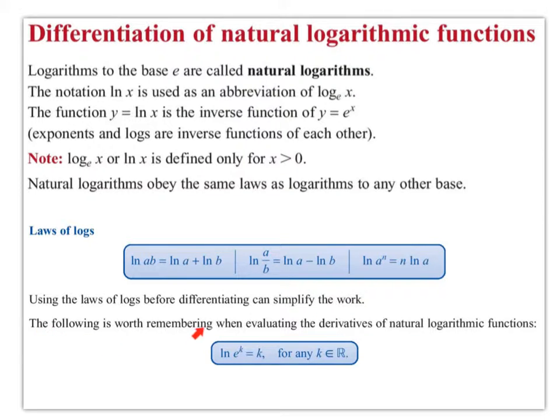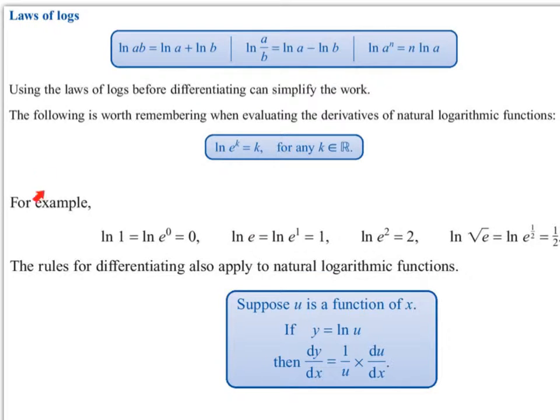The following is worth remembering when evaluating the derivatives of natural logarithmic functions. Natural log of e to the power of k equals k for any k value element of the real number set. For example, ln 1 is equal to ln e to the power of 0, which is equal to 0.